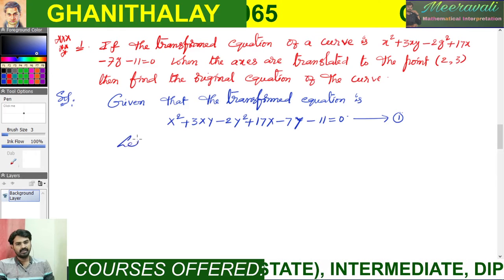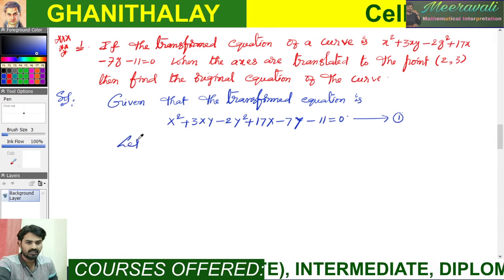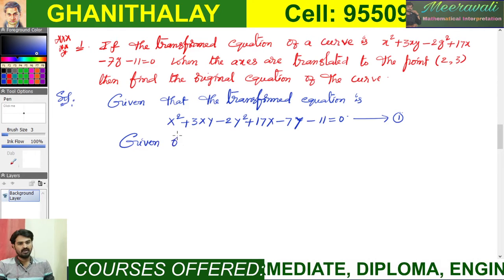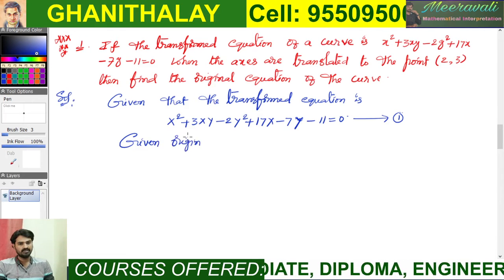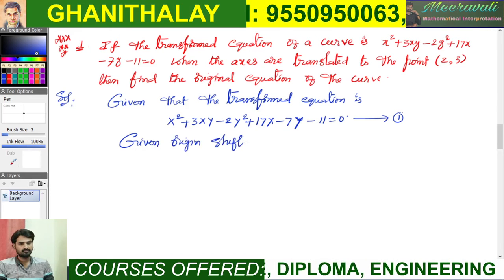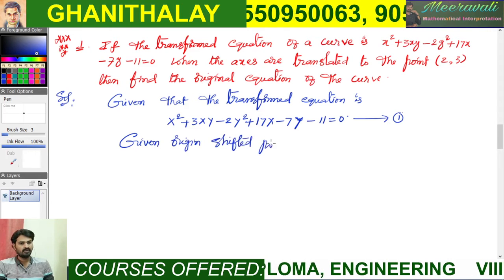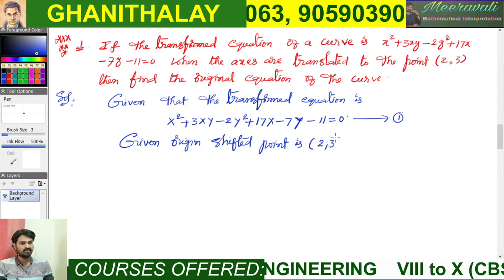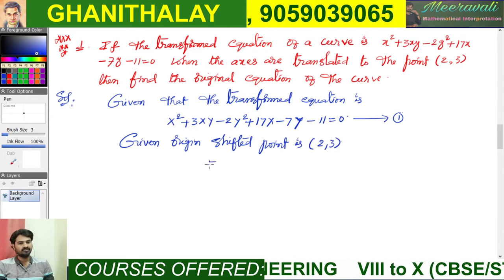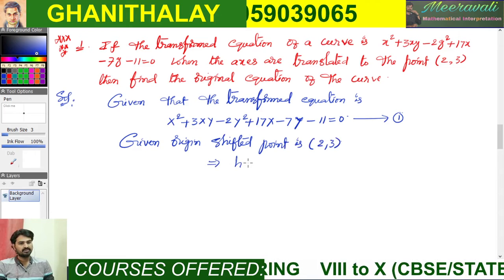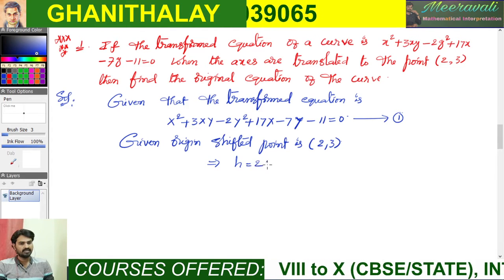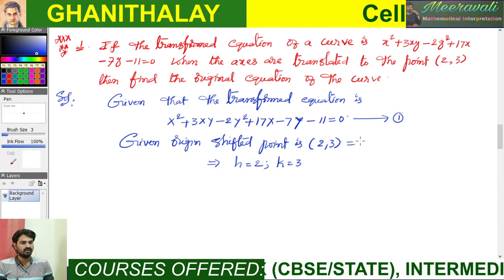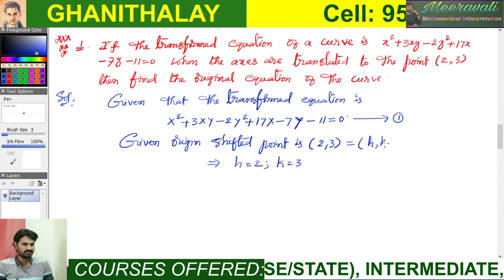How do you take the origin shifted point? Let the origin shifted point be 2 comma 3. Whenever the origin shifted point is given, the first coordinate can be taken as h and the second coordinate as k, because the origin shifted point is h comma k.